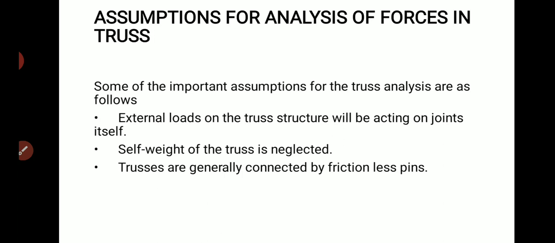So the joints are always frictionless, or you can also state that the support for a truss will always be a hinged or pin support. The last important assumption is that the cross section of the member is always uniform.